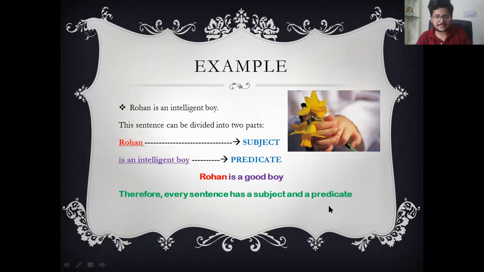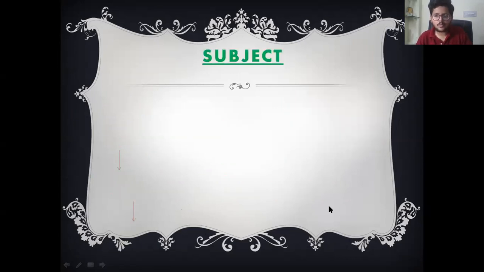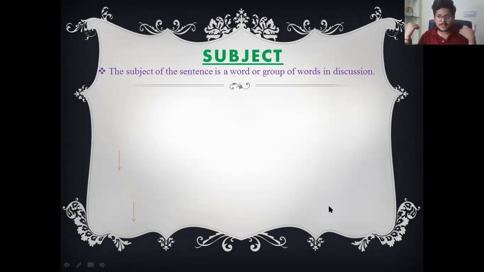Okay. Next. Now, what is the subject? The subject of the sentence is a word or group of words in discussion. Yes, what I have told you. What is the subject of the sentence? The subject is a group of words in discussion.